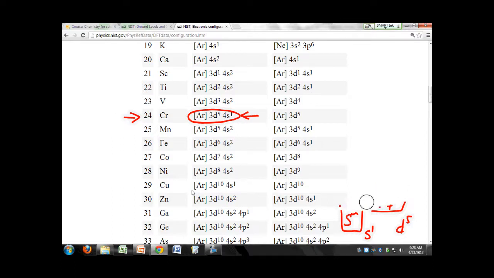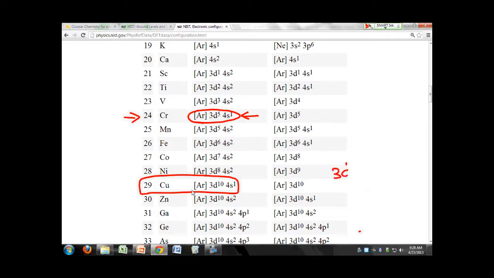Okay, so if we scroll further down, you'll see more of these exceptions. We have right here copper. Again, instead of 3d9 4s2, you're seeing a 3d10 4s1.